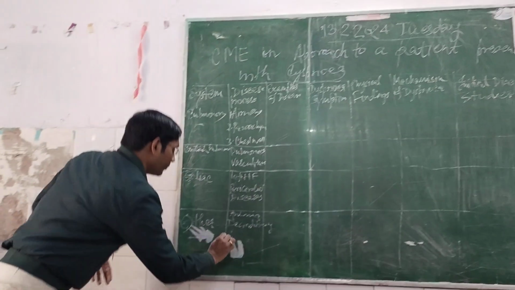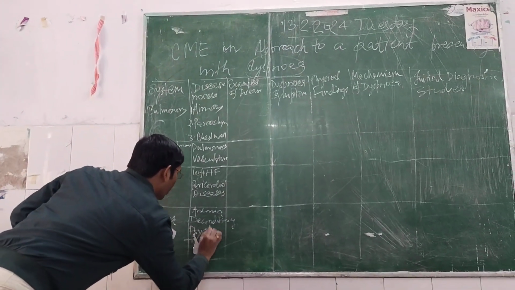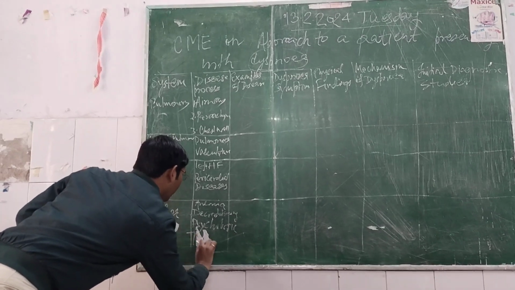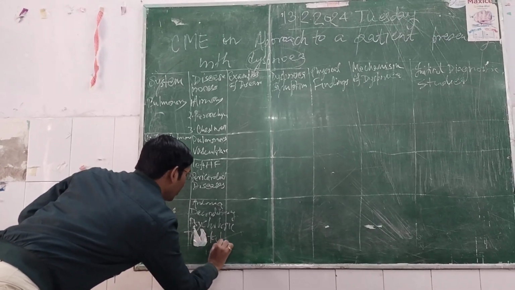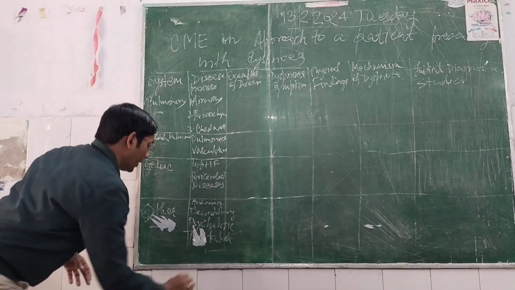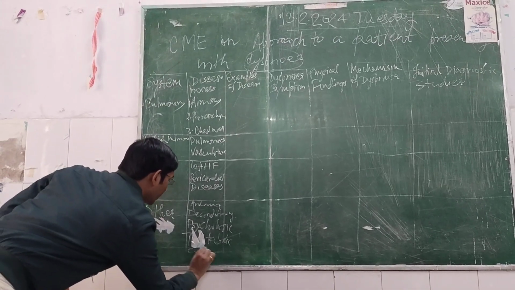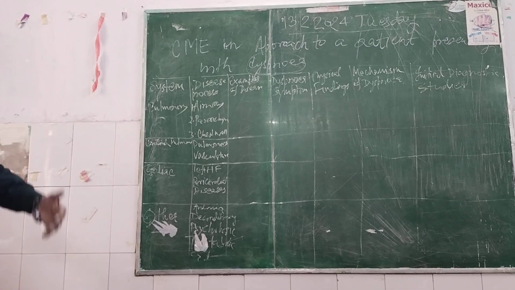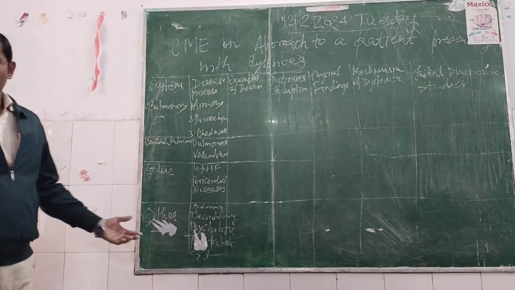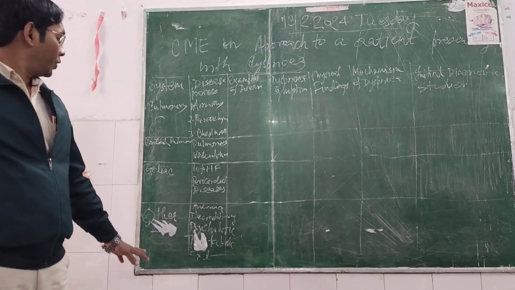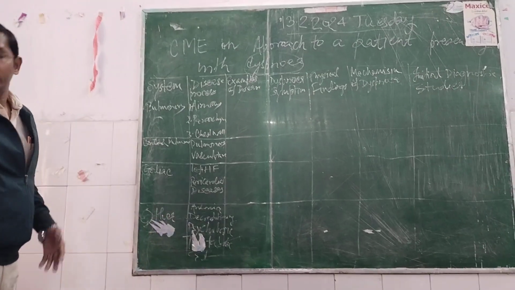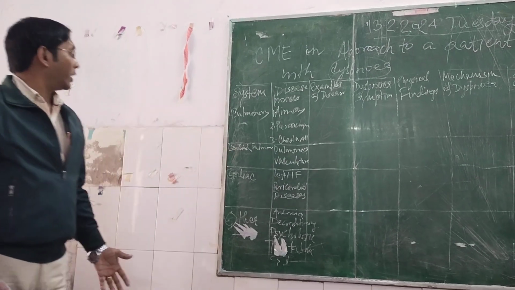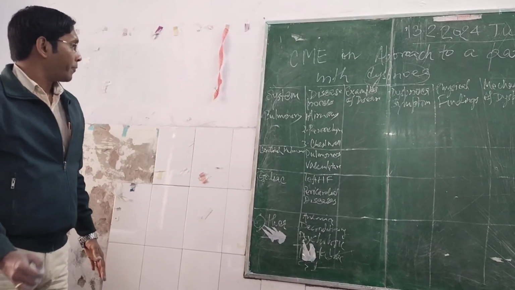Anemia, deconditioning, psychological, metabolic, and gastrointestinal causes of dyspnea like gastroesophageal reflux disease and aspiration. So aspiration pneumonitis can cause it. These are the various disease processes.